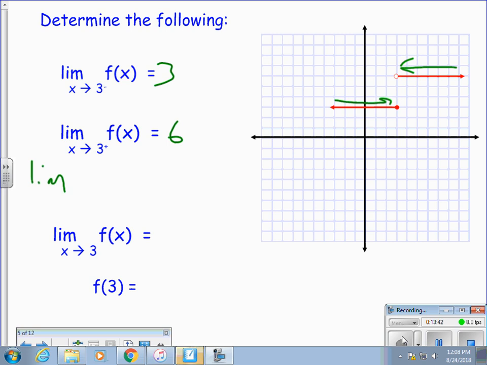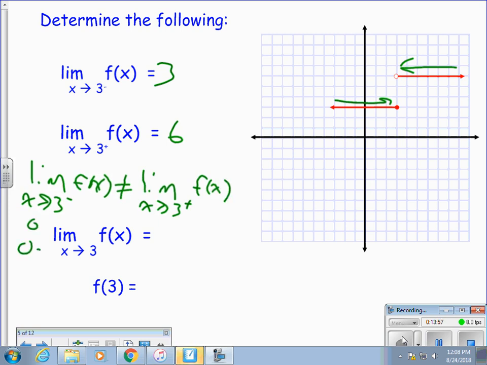And the limit as x approaches 3 from the left of f of x does not equal the limit as x approaches 3 from the right of f of x. Therefore, the limit as x approaches 3 does not exist. Right-hand limit's good, left-hand limit's good, but they're not the same.